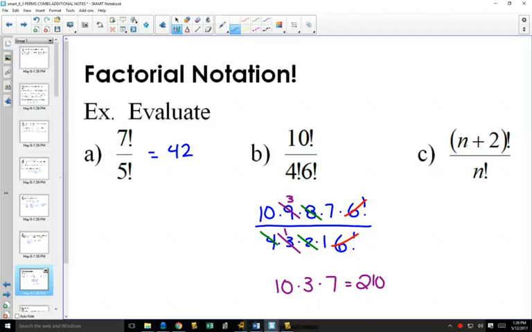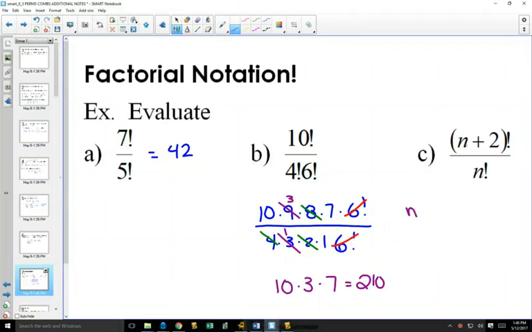And then where things get a little bit more difficult is when you start working with factorial notation and variables. So when we're trying to simplify (n plus 2) factorial over n factorial, we use the same strategy that we do with numbers, that is expanding the bigger one until you get to the smaller one, like I did with the 10 until I got down to the 6, except now you have to figure out which is bigger. Is n plus 2 bigger, or is n bigger?